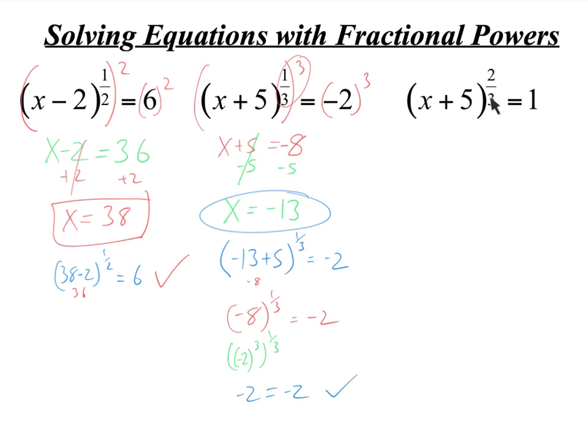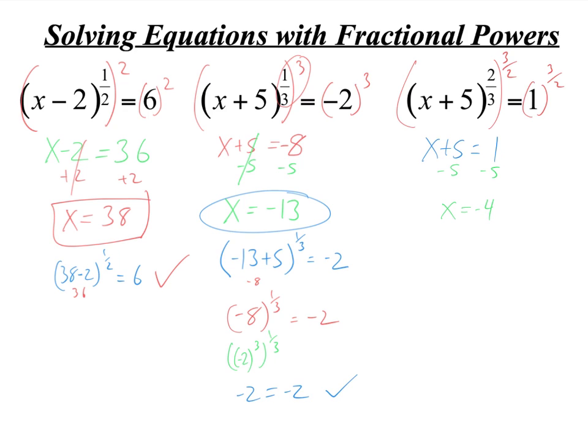So for this last one, I want to get rid of the 2/3. So I have to raise it to the power of the reciprocal, which is 3/2. So that becomes x plus 5. Now, what is 1 to the 3/2 power? Well, 1 to any power is 1, so that's actually kind of easy. Minus the 5 over.